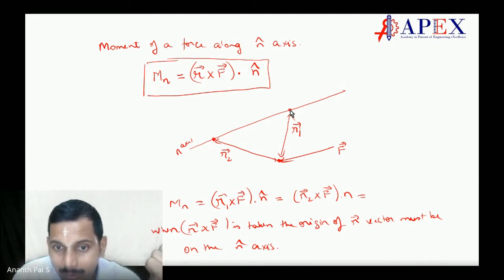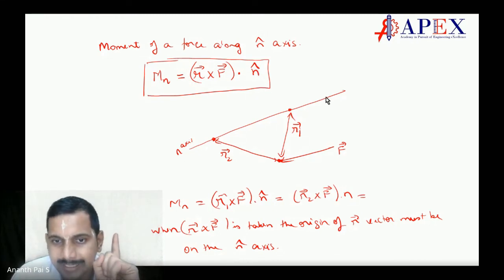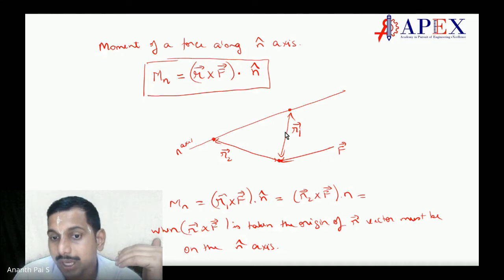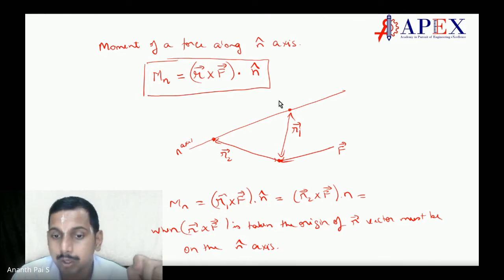This point should be on the axis n; that is the only condition. So if I want to find the moment along this axis, I should find r cross F, where r can be r2, r can be r1, anything, crossed with F and dotted with n.